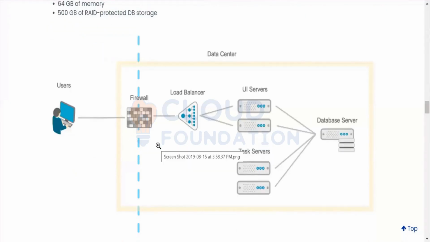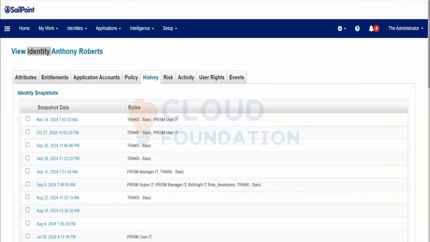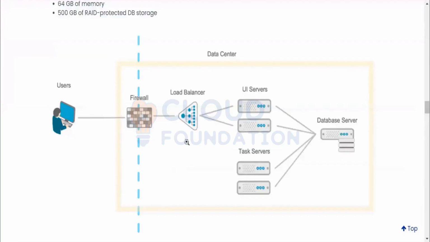SailPoint has its built-in load balancer, which will decide whether the request from the user is processed by the UI server or the task server. Obviously, when a user tries to access this link, we consider it a request, or incoming traffic, and SailPoint's built-in load balancer decides whether the incoming traffic should be processed by the UI server or the task server.